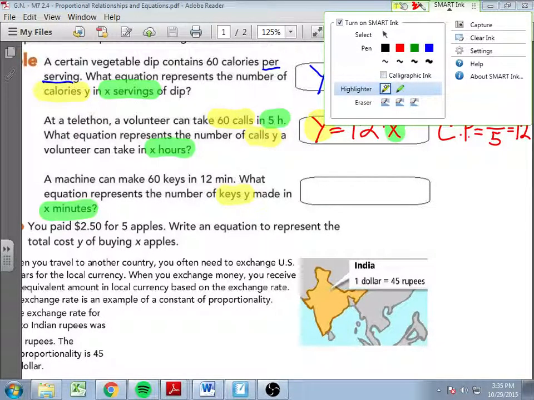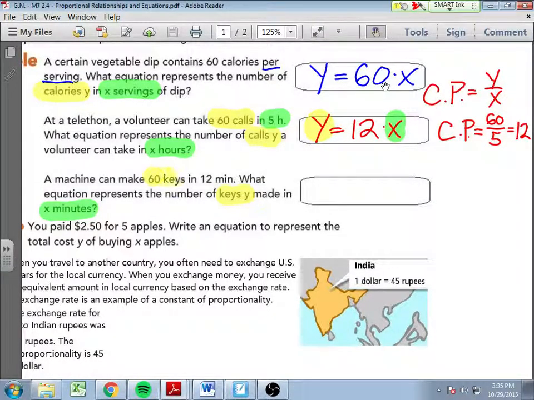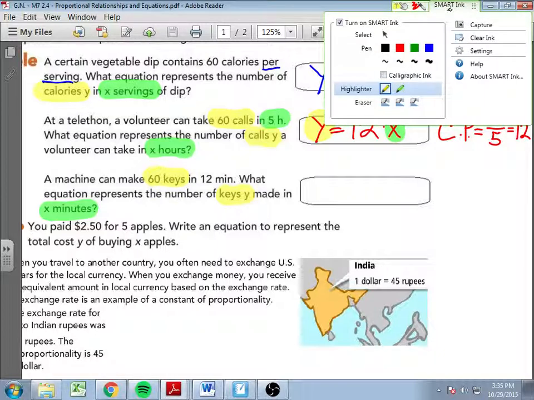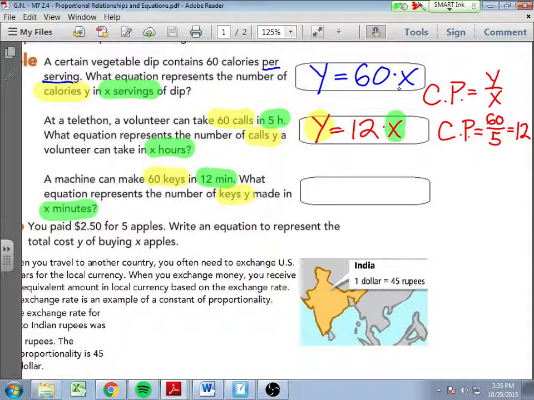So if my keys is my y, and my minutes, my time, is my x, again, we have to find the constant of proportionality, but now my y is 60, but my x is 12, and that now equals 5.